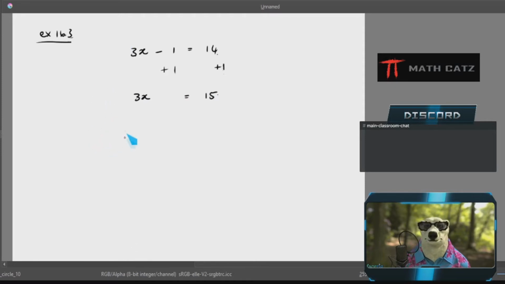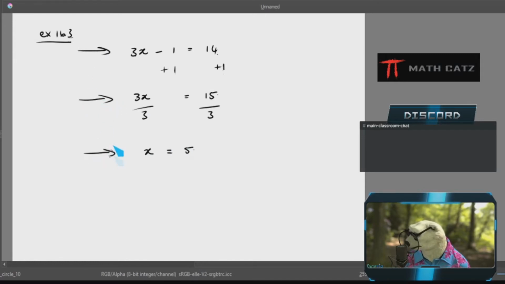So it can be a stepwise process. Systematically, I'm getting this variable alone on one side of the equation in order to then see its calculation. Then I'm going to divide by 3 both sides. Many people just choose to write it like this, and that's perfectly fine. X equal to 5. This equation, this equation, this equation, they're all the same in terms of the meaning that they carry.